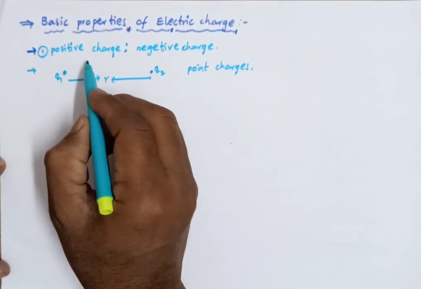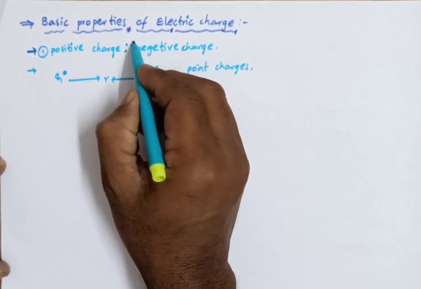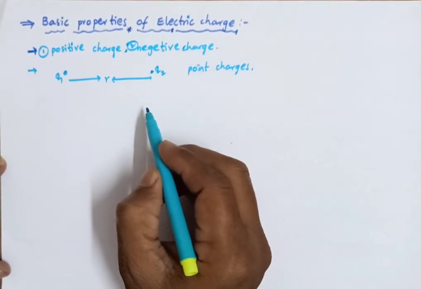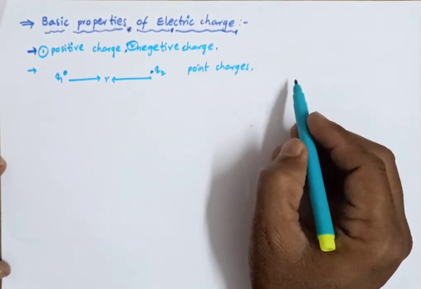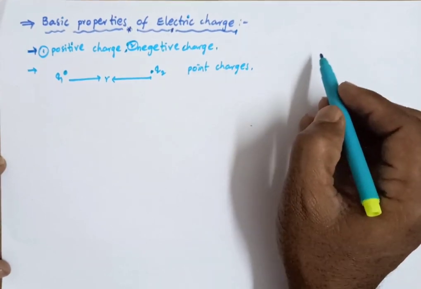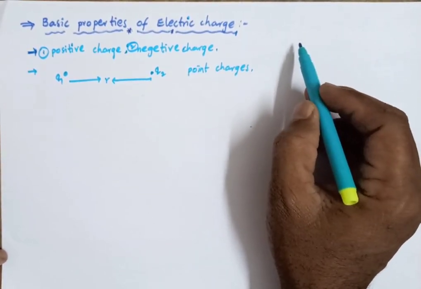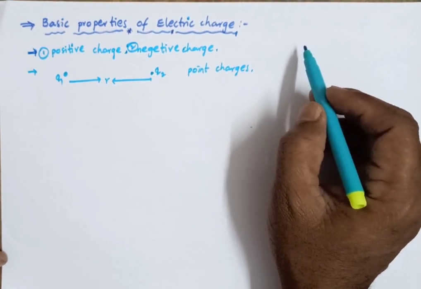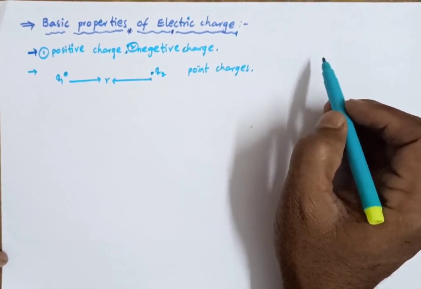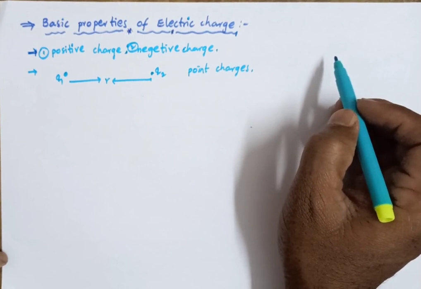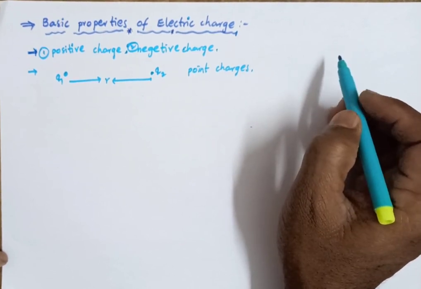First one is positive charge, second one is negative charge. When we rub two bodies against each other, one body accumulates negative charge and the other body accumulates positive charge.